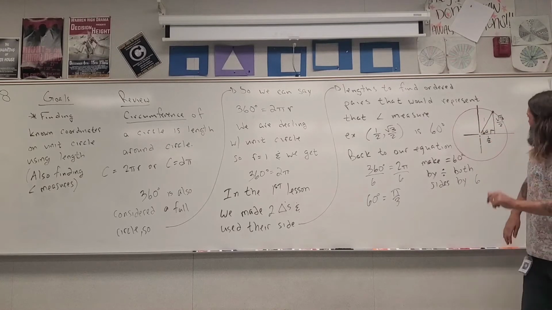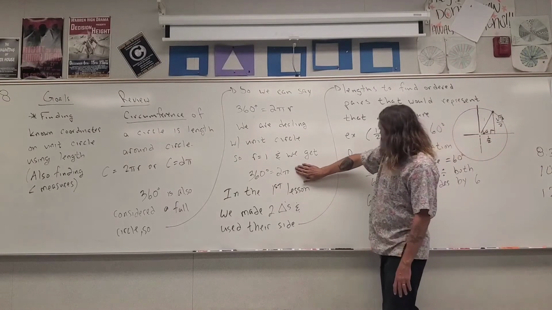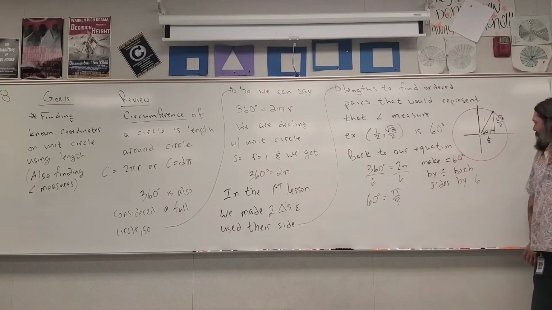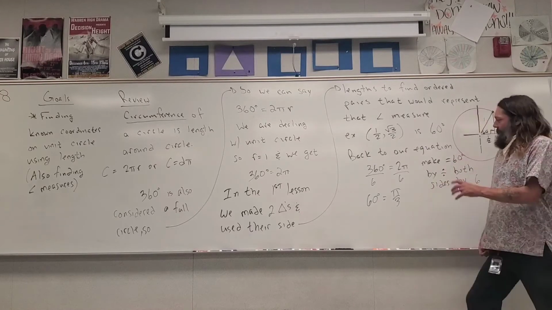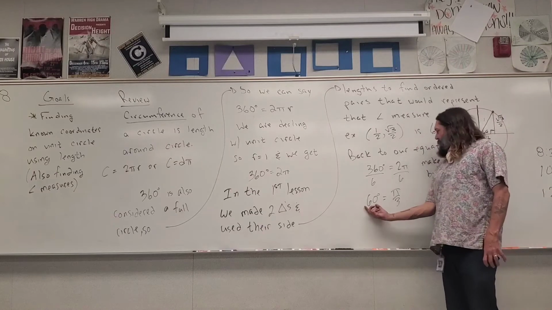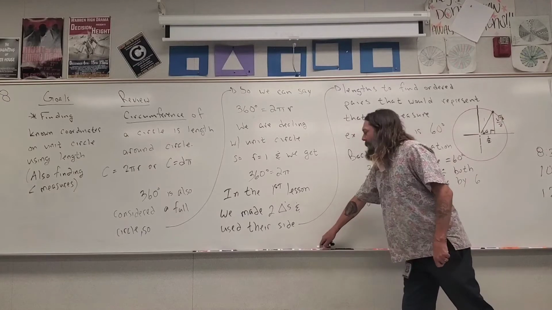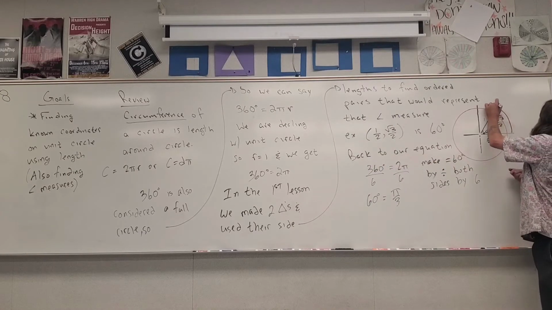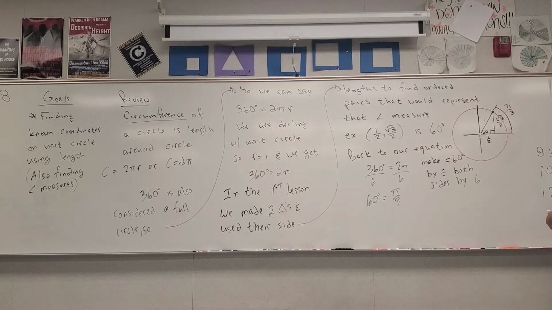Now, I want to find this point on the unit circle by using the length on the unit circle. So I need to go back to this equation, and I'm going to make it equal to 60 degrees by dividing both sides by 6. I know that 60 degrees on the unit circle has a length of pi/3, meaning for me to get to 60 degrees, I have to travel a length of pi/3.